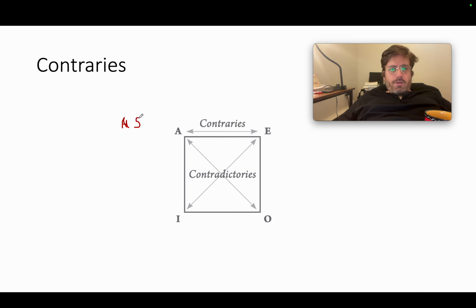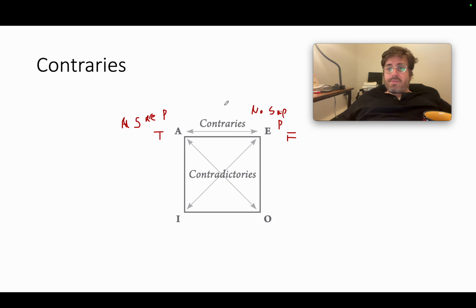My writing's not too good. And then our E is no SRP. So if I begin with a true A proposition, I can infer that the contrary, the E, is false.